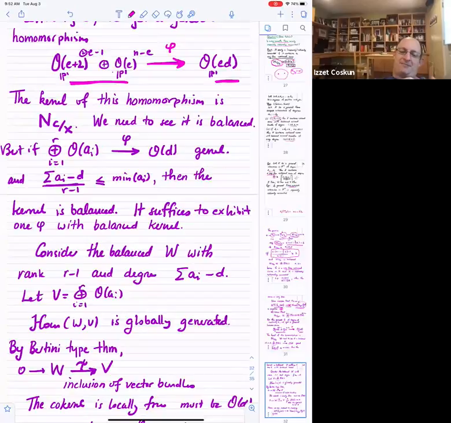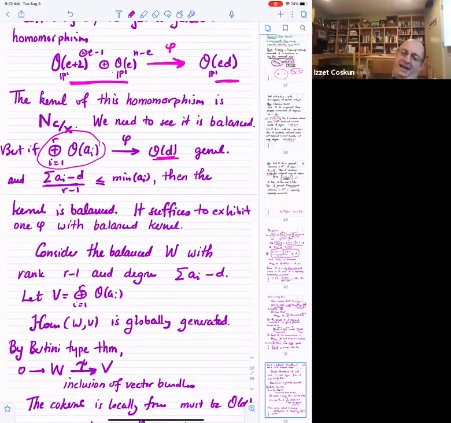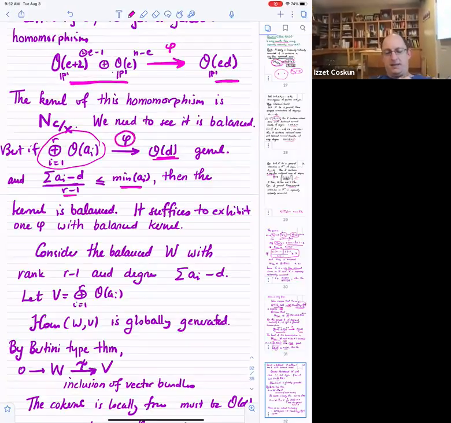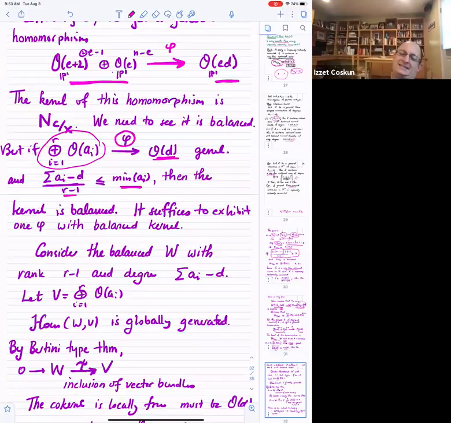Suppose that I have a map from a direct sum of A_i's to some bundle of rank r. It doesn't even matter what the particular things are. If the sum of the A_i's minus t, divided by r minus 1, is less than or equal to the minimum one, then the kernel of the general map is going to be balanced. And again, it's enough to exhibit one such.